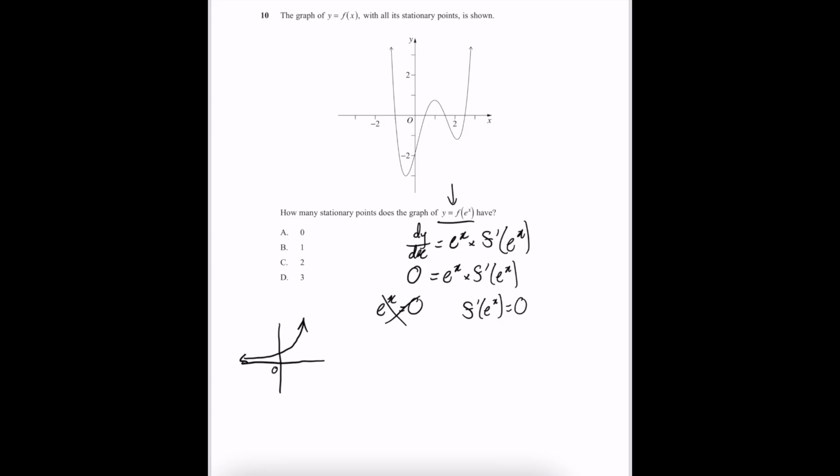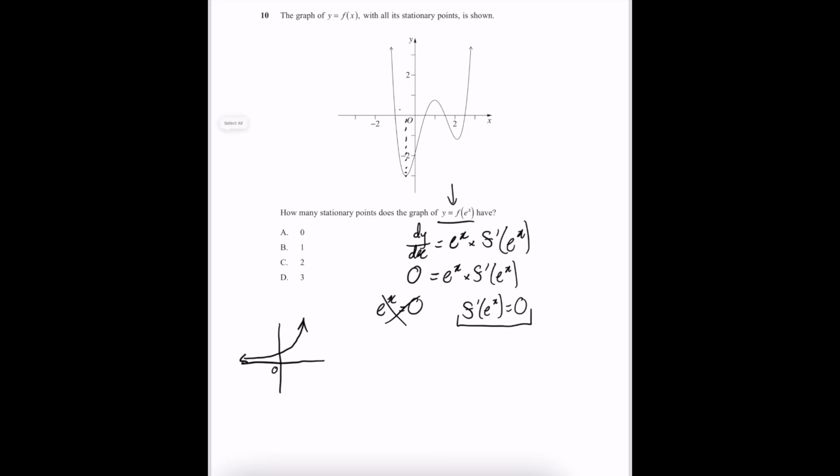Now, this here is essentially the derivative function of f of e to the x. And what we need to realize is that the stationary points of this chart are going to be equal to the stationary points of f of x. Okay? So we have a stationary point of f of x here.